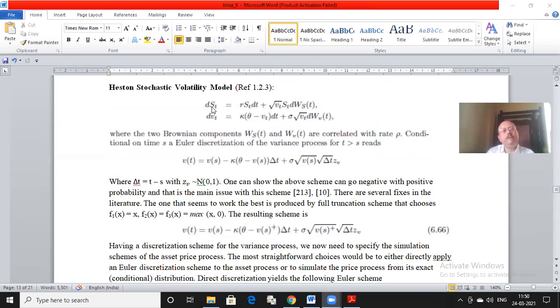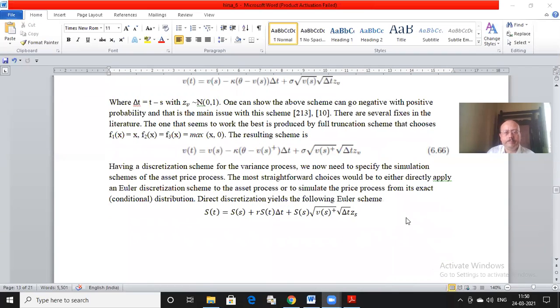One is I can also use a Euler scheme or some other sophisticated scheme for dS_t, or knowing the process for V_t, or having simulated this process for V_t, conditioning on V_t, I can find the analytical expression for dS_t, because if I condition on V_t, then this is the usual geometric Brownian motion model.